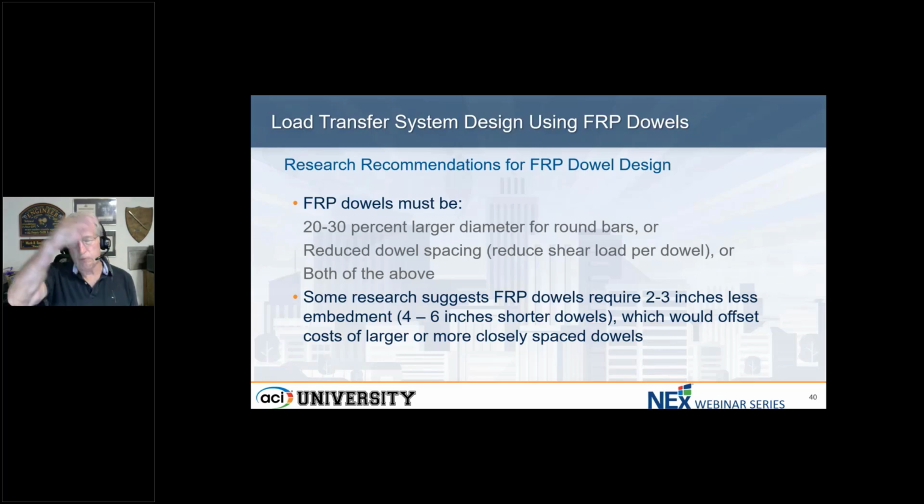The deflection profile inside the concrete where it's embedded takes place over a shorter distance. And it's generally accepted that once you get past the second point of contraflexure, anything beyond that is not really doing any good. So since the FRP dowels have a shorter wavelength inside there, that second point of contraflexure is not as far into the concrete.